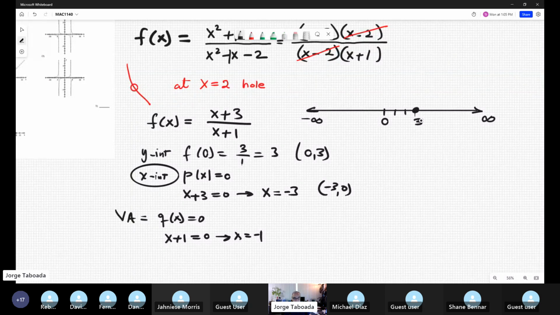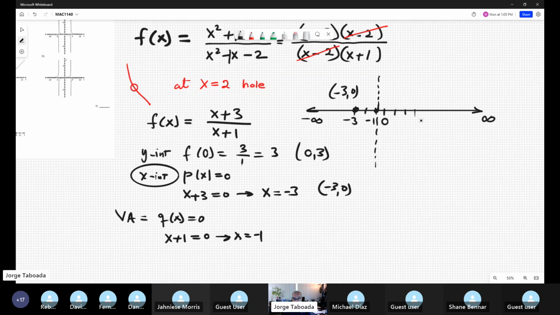Look at that. No, it's negative 3. Oh, mistake. Negative, sorry. Okay, no problem. I erase. Negative 3. This is the famous x-intercept. And at negative 1, we have the vertical asymptote.